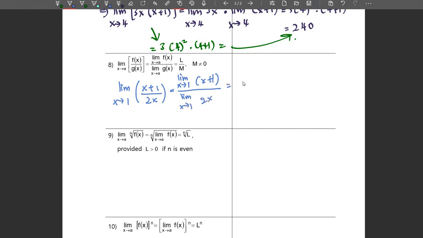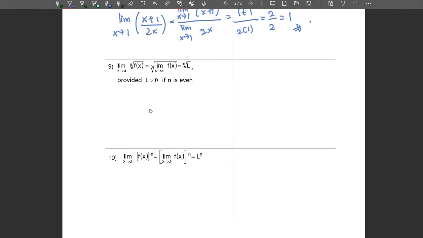Then you substitute the value: 1 plus 1 over 2 times 1, which is 2 divided by 2, equal to 1. The same goes here, you can directly substitute the value 1 for x.